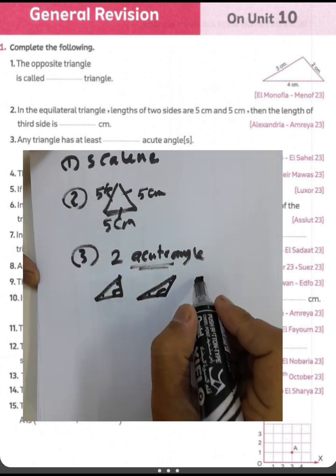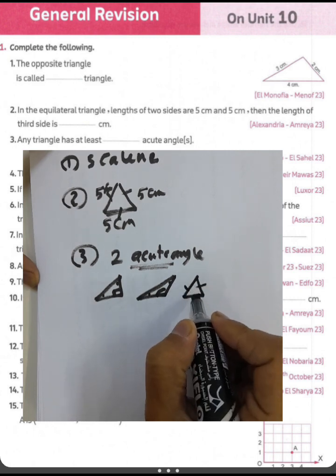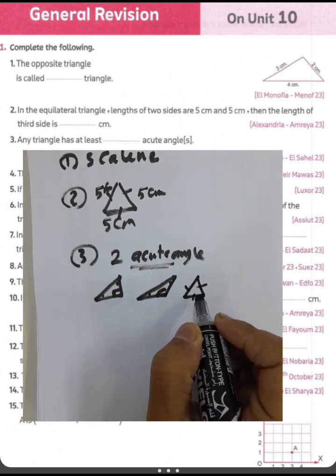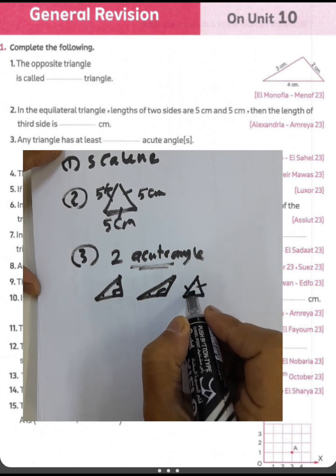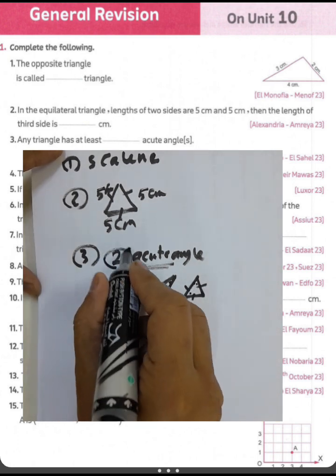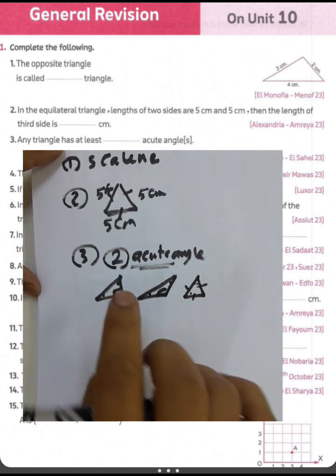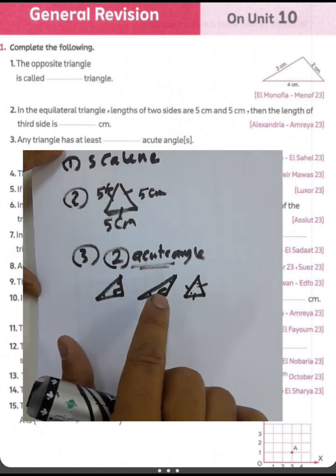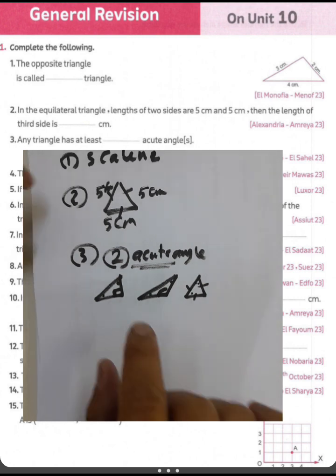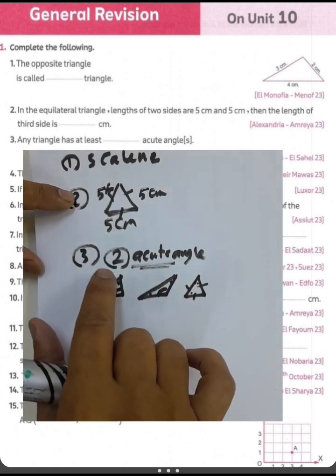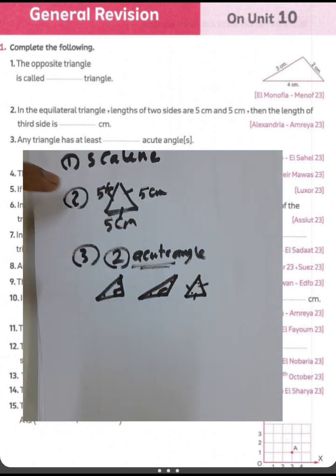If we have a triangle with all acute angles, we call it an acute angled triangle, and we have 3 acute angles. Then at least we will have 2 acute angles in any triangle.